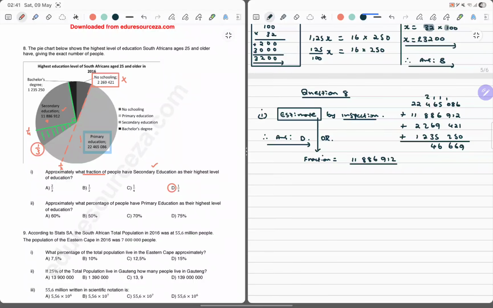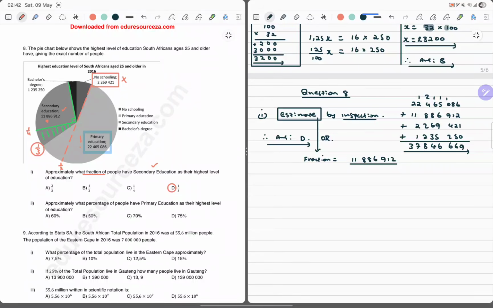Then we carry the 2. 6 plus 8, that's 14, 16, 18. And then we carry 1. 3 plus 1, 4, 6, 7. And then we've got 2 plus 1, that's 3.